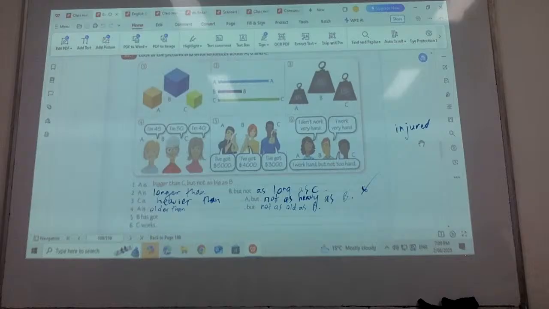Yes, but solo dice que tengo 4,000, tengo 5,000, tengo 3,000. ¿Y cuál es la diferencia entonces? Todos tienen 1,000 de diferencia. Bueno, te puedo decir que B tiene menos dinero. Ok, pero podríamos decir que B tiene más dinero que C, pero no tanto como A. ¿Y cómo voy a decir eso?